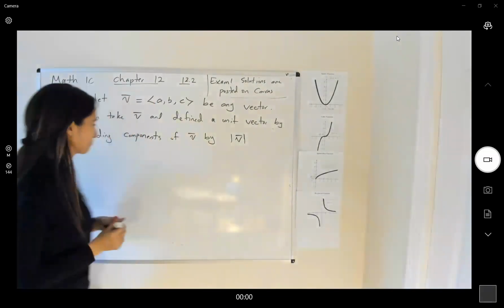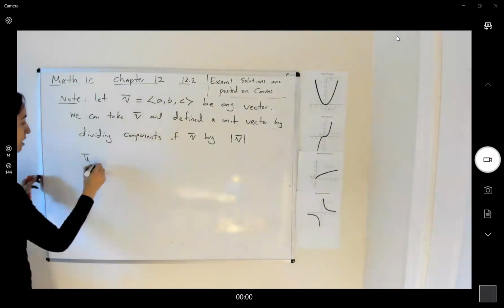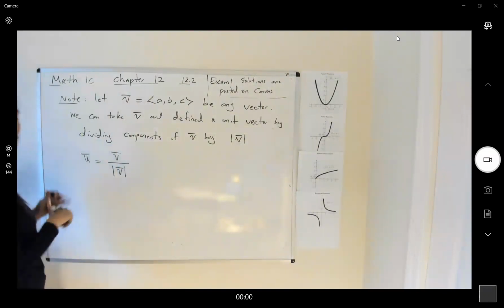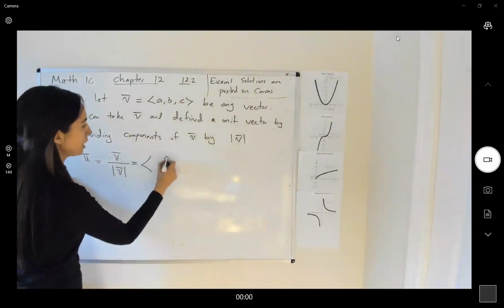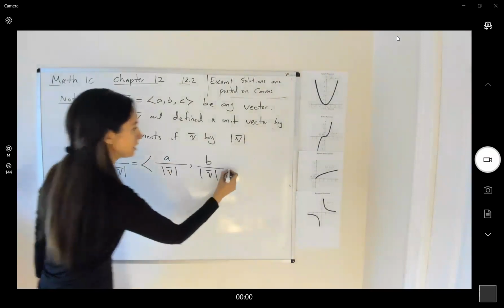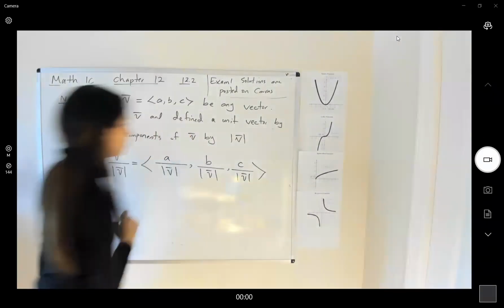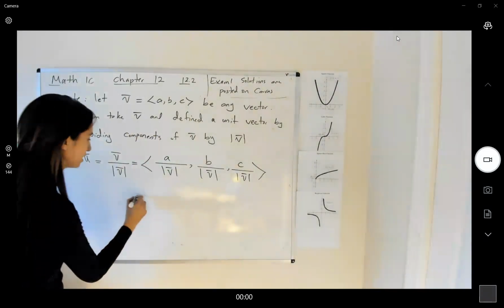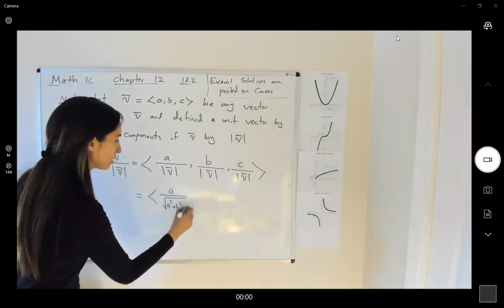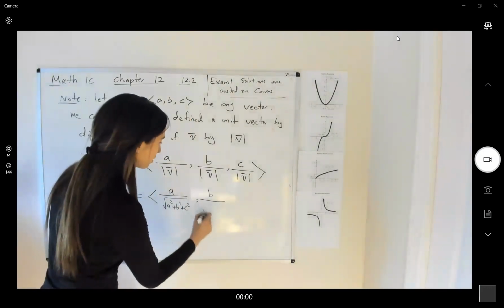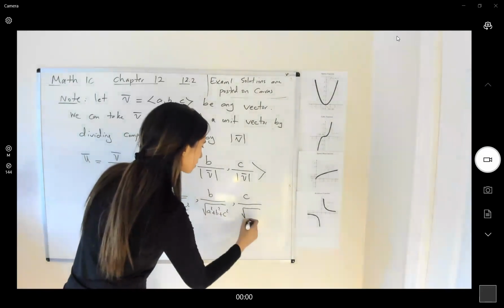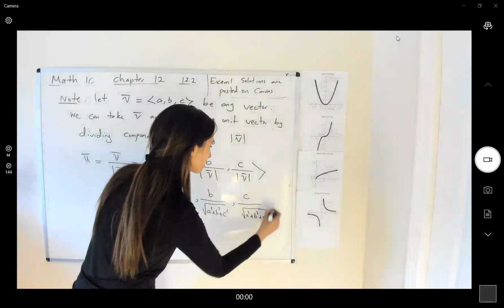So U, a new vector, is vector V divided by the norm, the magnitude of V, which is defined as a divided by magnitude of V, comma, b divided by magnitude of V, comma, c divided by magnitude of V. You all know how to find the magnitude of V. This is equal to a divided by the square root of a squared plus b squared plus c squared, comma, b divided by the square root of a squared plus b squared plus c squared, and comma, c divided by the square root of a squared plus b squared plus c squared.